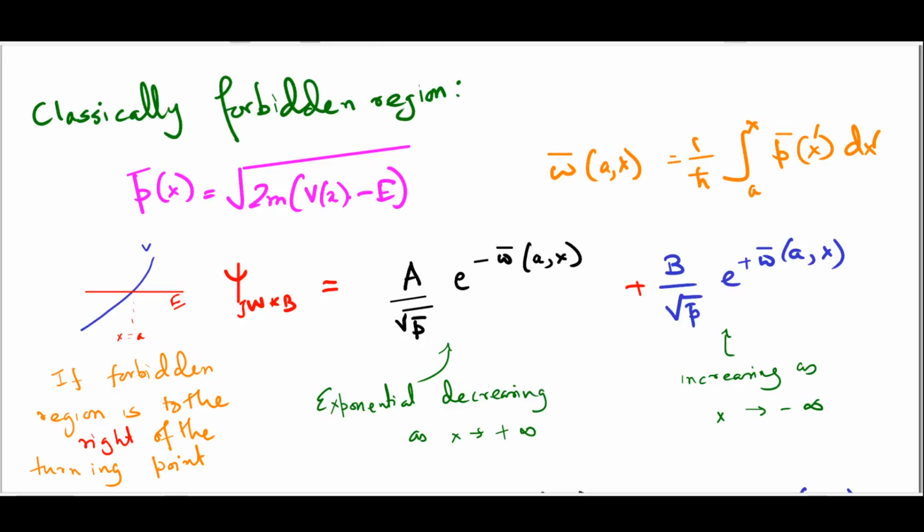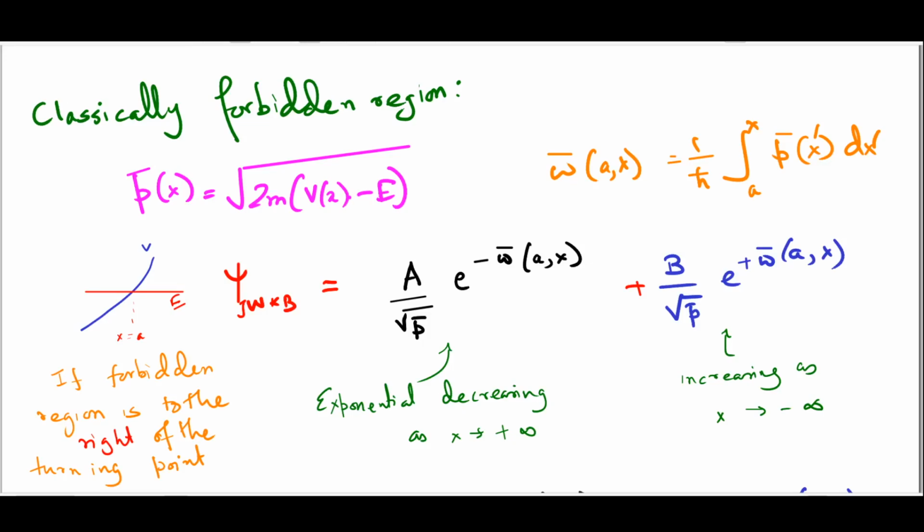Let us now turn to the region where the potential energy V of x is bigger than E, the so-called classically forbidden region. In this region, p of x, the momentum, becomes purely imaginary, so we give up on that and use a slightly different but related quantity p bar of x, which is the square root of 2m(V of x minus E).